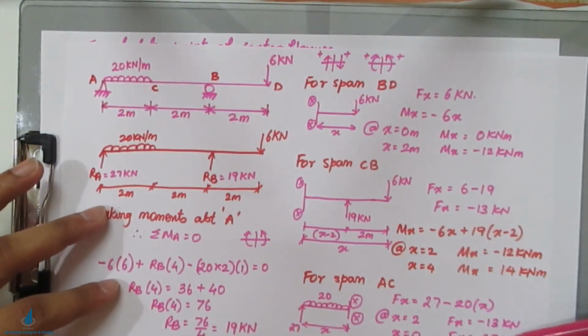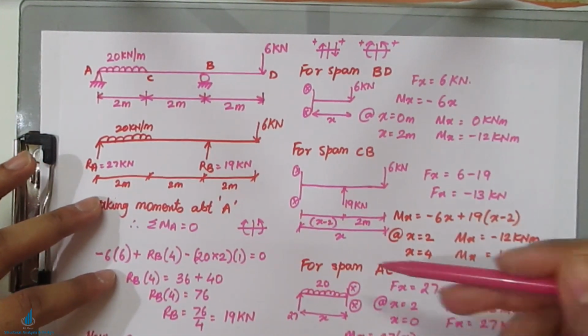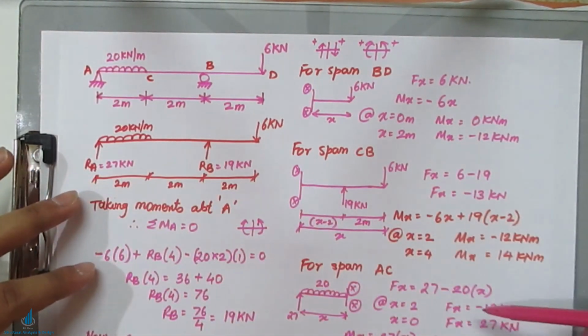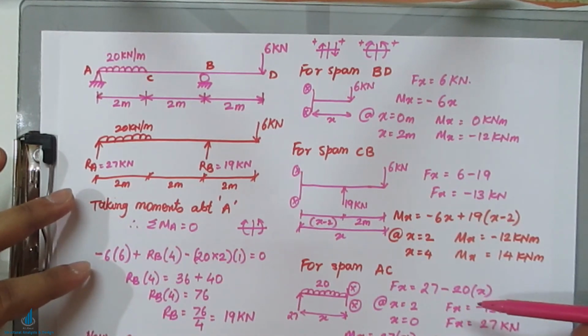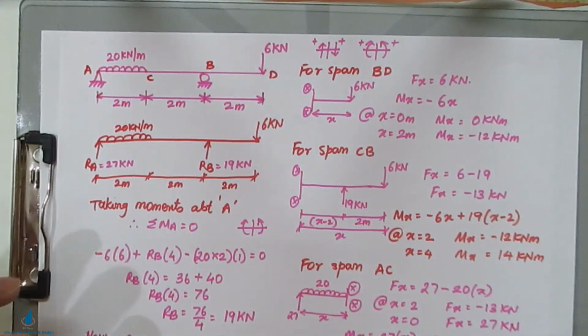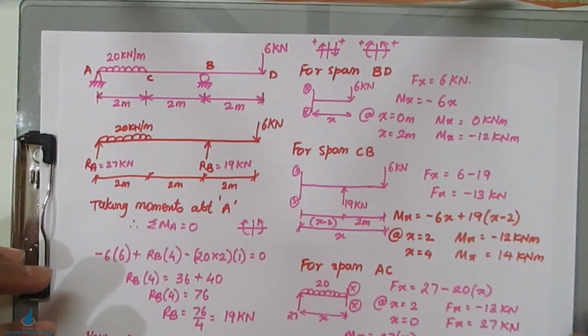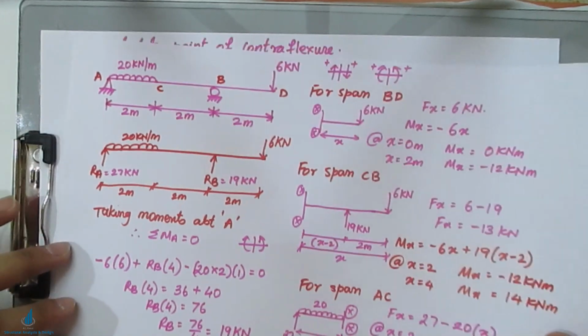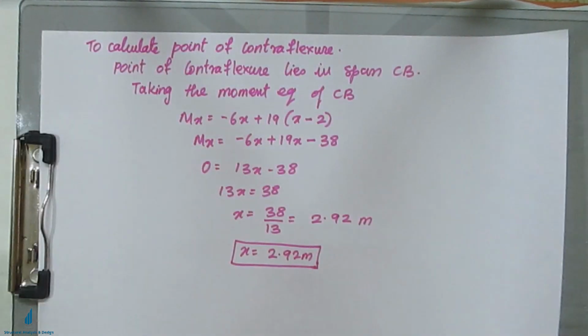So it means the bending moment ordinate you have to calculate for span AC. For span AC you have to take this equation and equate it to 0, find out the x, and then find out the value of that particular bending moment after inputting that x value in the Mx equation, okay. So that I will show you.